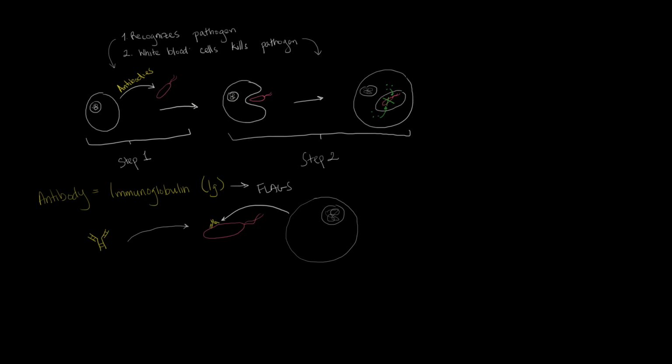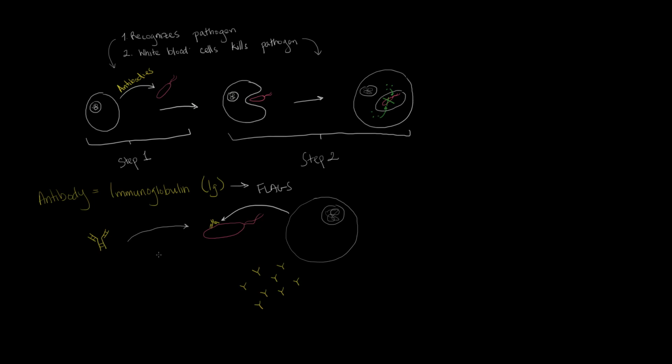But interestingly, the white blood cell does something more. After it eats the pathogen, the white blood cell starts actually making more of these antibodies. It'll start making a whole bunch of these antibodies that recognize this pathogen.